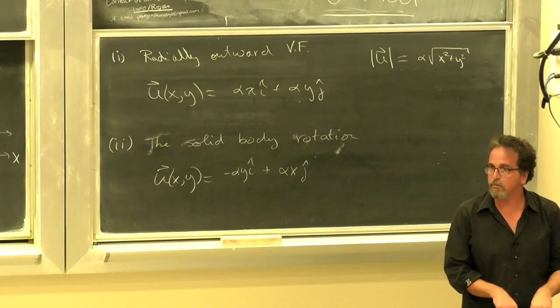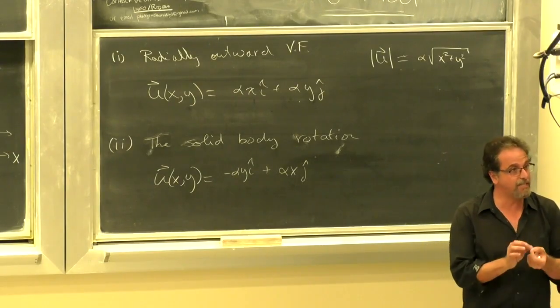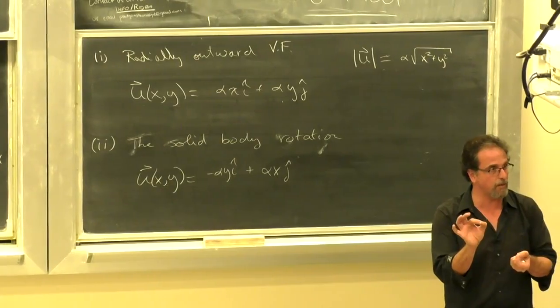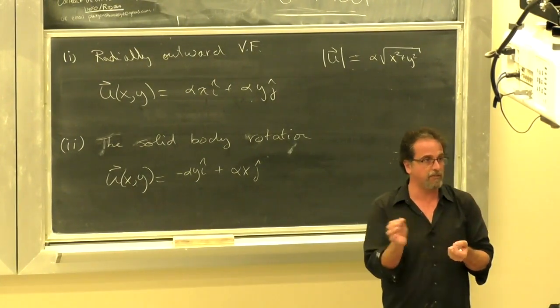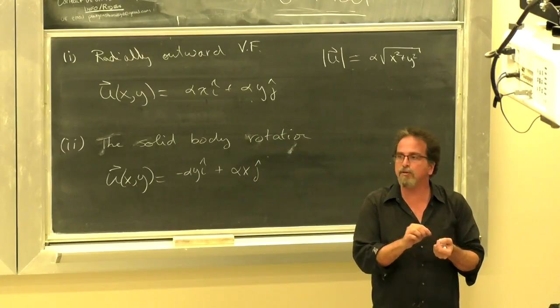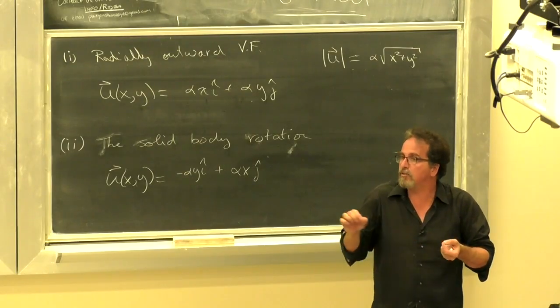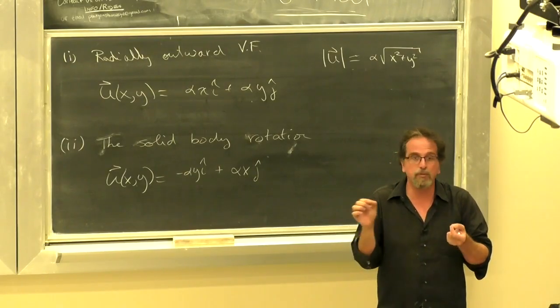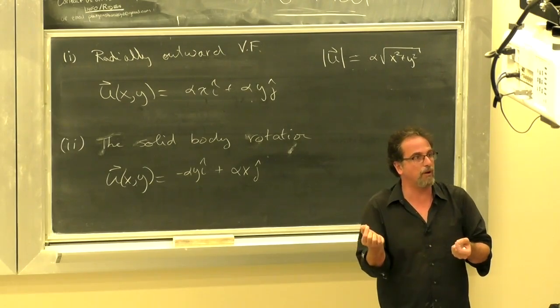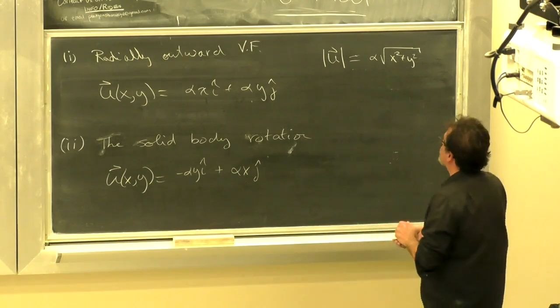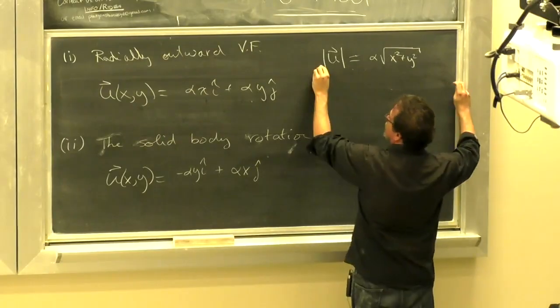X squared plus y squared, square root, is the distance from the point where you're evaluating the vector field to the origin. So this vector field's magnitude is a linear function of distance from the origin. So it gets really small when you get close in, and really large when you get far out. That's this vector field.